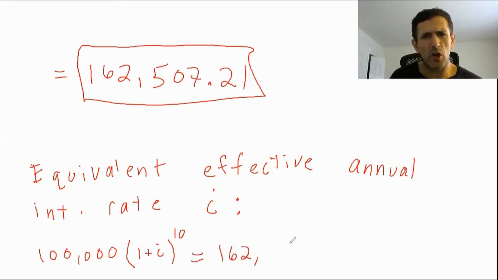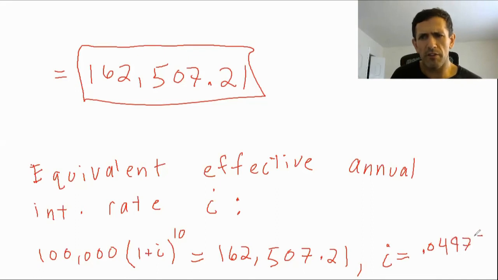And when that's all done, we have $162,507.21. So divide by 100,000, raise both sides to the 1 over 10, subtract 1, and you get I is 0.04975.